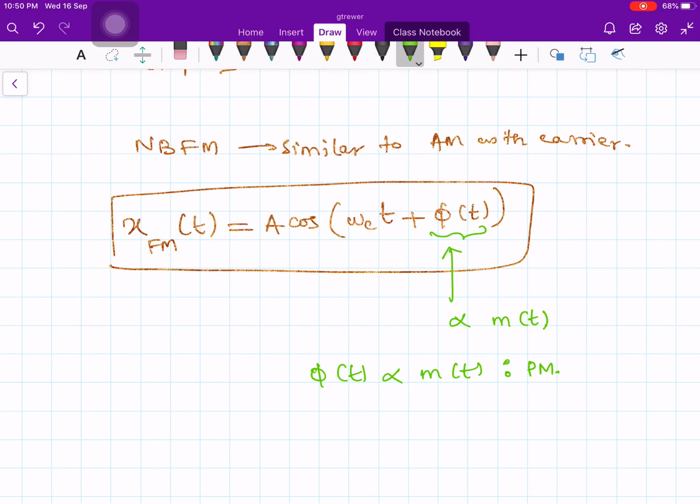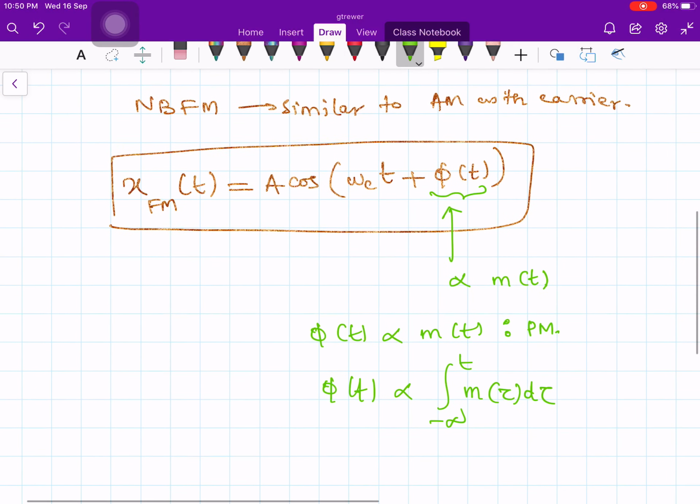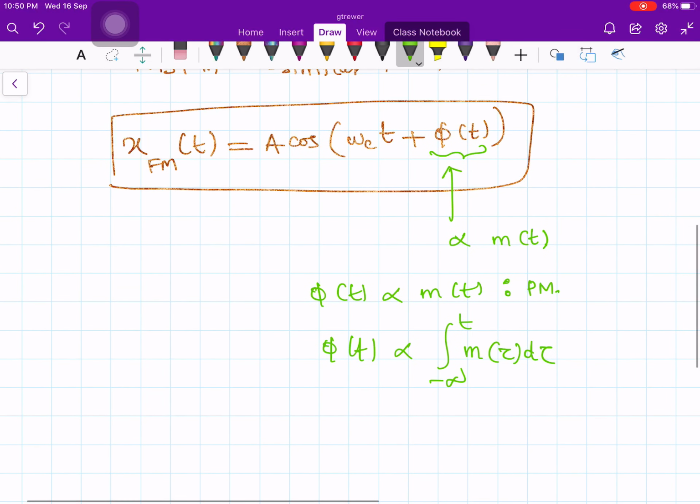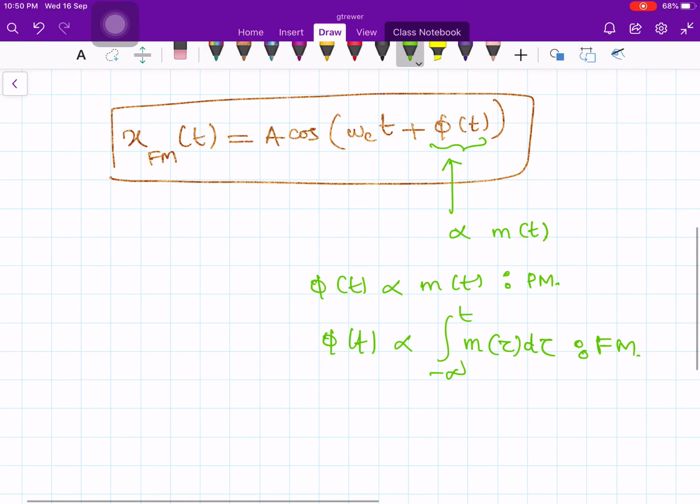If you choose phi(t) proportional to the integral of m(tau) d tau, then you get a frequency modulation. So you have a phase function phi(t), which is controlled by the modulating signal either directly or through the integral of your modulating signal.